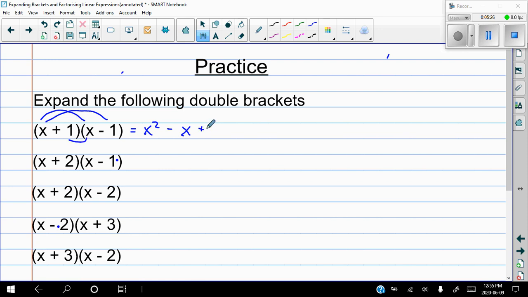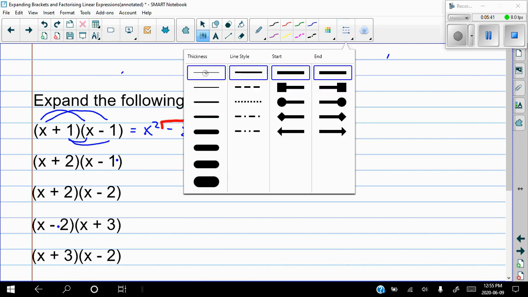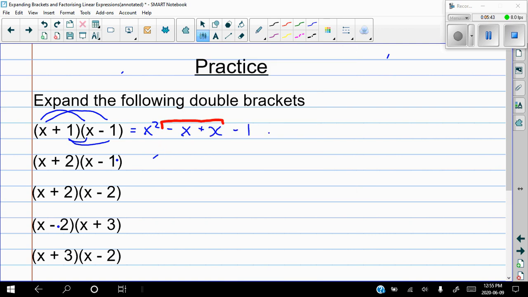So we get x. And 1 times -1 results in -1. Notice, as always, we have to combine these two inside terms. But one's a positive, one's a negative. So our resultant answer will simply be x squared minus 1.